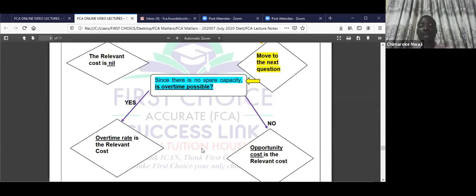Now, mind you, you are not going to be paid because you stopped doing the job to go and join them there. You have been paid for that time that you are even using to do that one-off contract. But the problem is you have stopped something to do another thing. Now that thing you stopped doing is the opportunity cost.